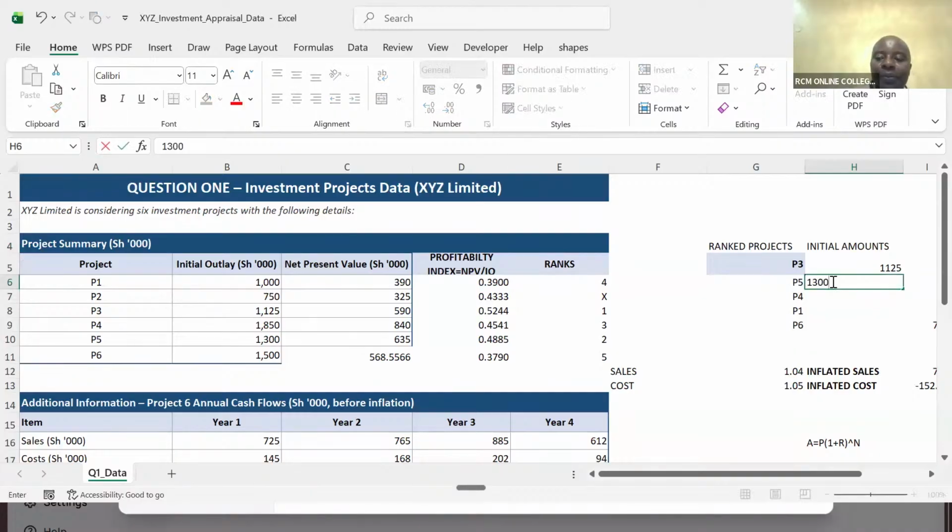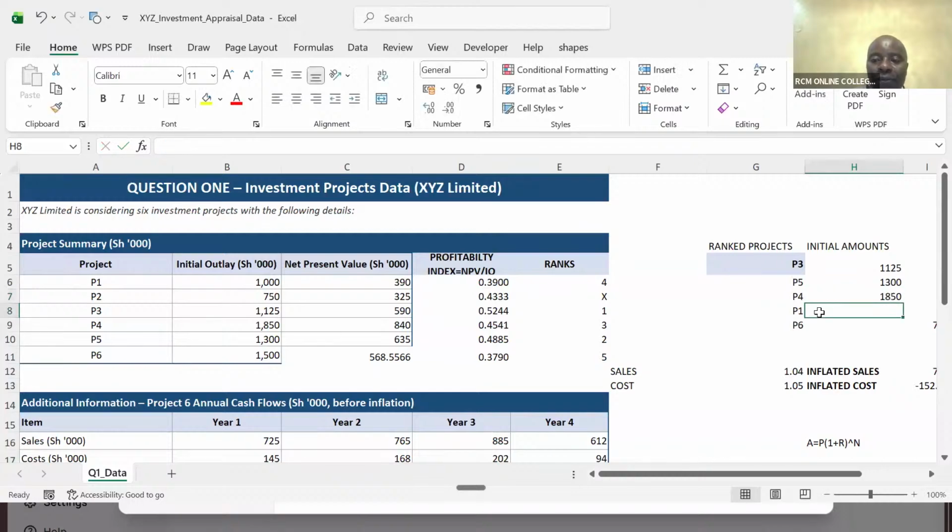Great. Project 4 is 1850. Project 1 is 1,000. Project 6 is 1,500.